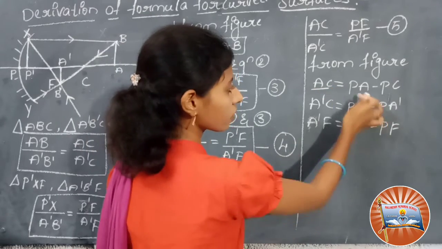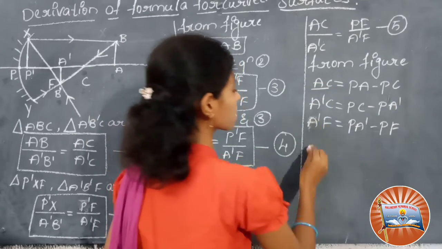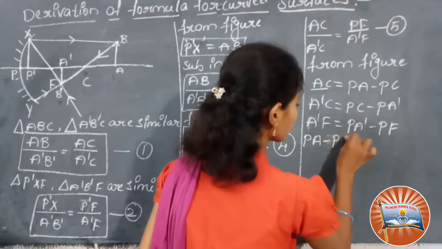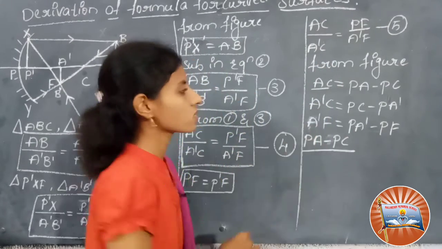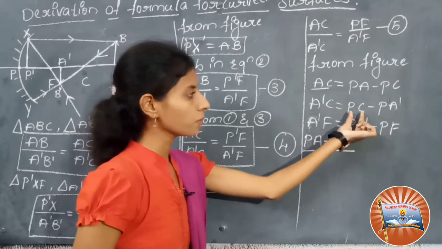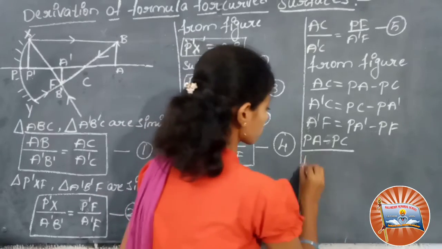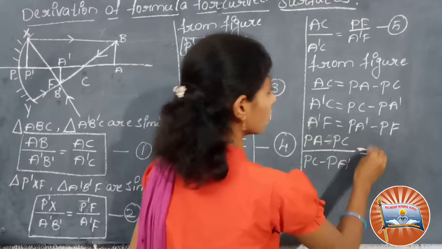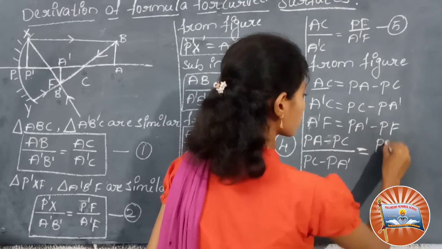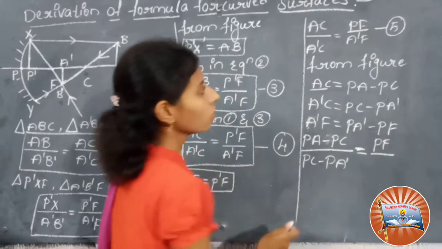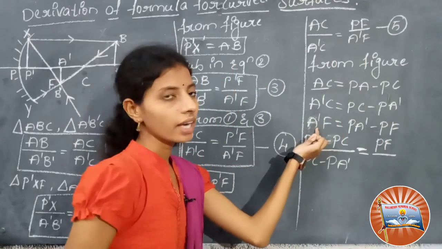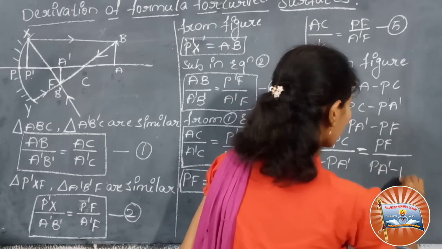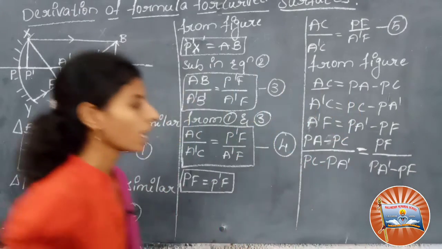AC is equal to PA minus PC, so PA minus PC by A dash C. A dash C is PC minus PA dash, equals to PF, as there is no value of PF here. Now A dash F is equal to PA dash minus PF, right?